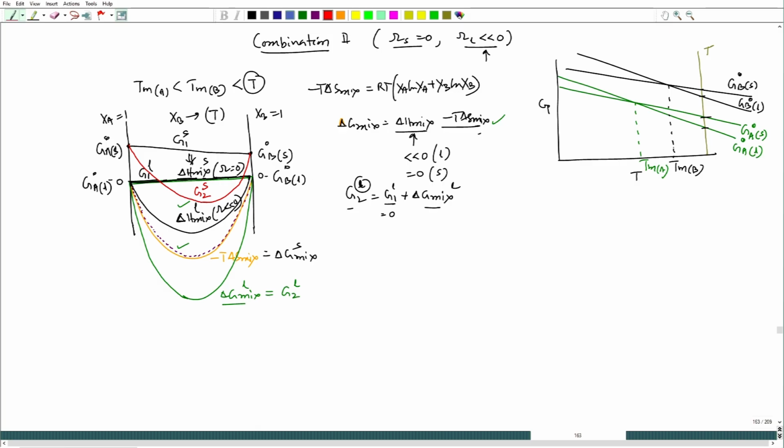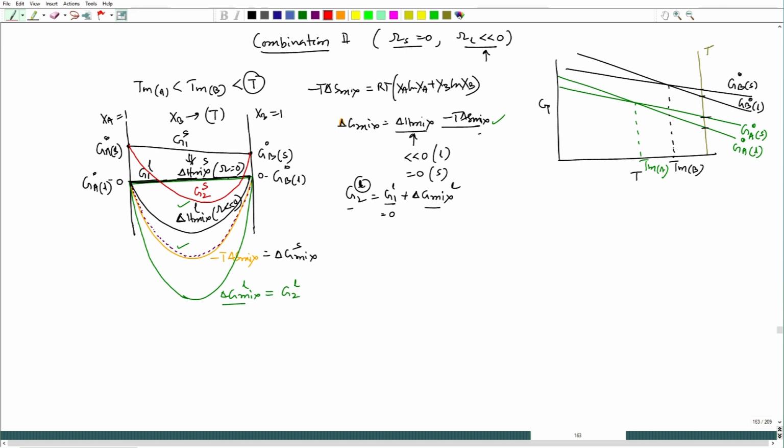G2 liquid is much steeper than G2 solid, and the situation will change entirely as we change the temperature. As we draw the G2S and G2L lines and see their free energy hierarchy as well as equilibrium, we will see how the equilibrium at different temperatures varies and how the phases appear. Okay. I just wanted to show this to indicate the relative shapes of the solid and liquid solutions' free energies. Okay.